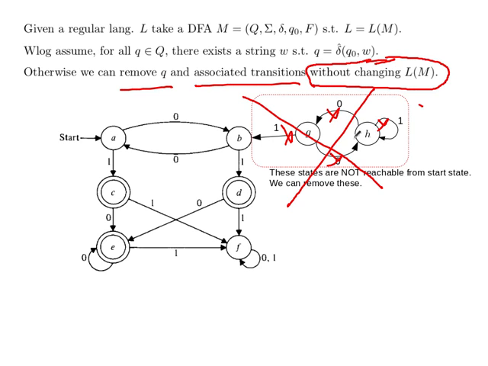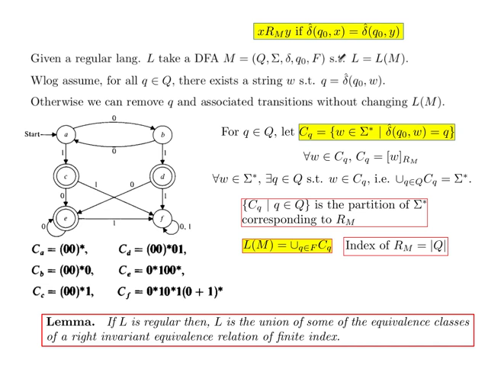So from now on we will assume this property, that for any state there is some string such that you can reach that state by processing that string from Q0. This is the crucial technical requirement. Now you remember this was the definition for this Rm.